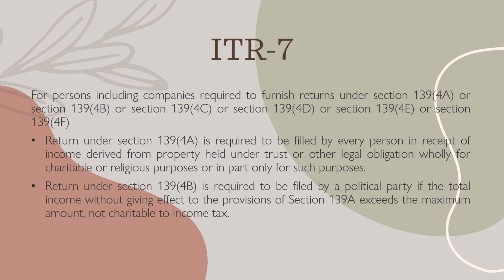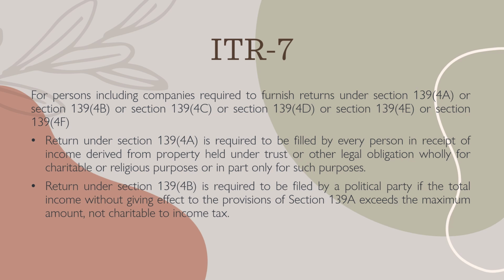And now let's talk about ITR 7, which is for persons including companies required to furnish returns under Section 139(4)(a), 139(4)(b), 139(4)(c), 139(4)(d), 139(4)(e), 139(4)(f). Now what are these sections?